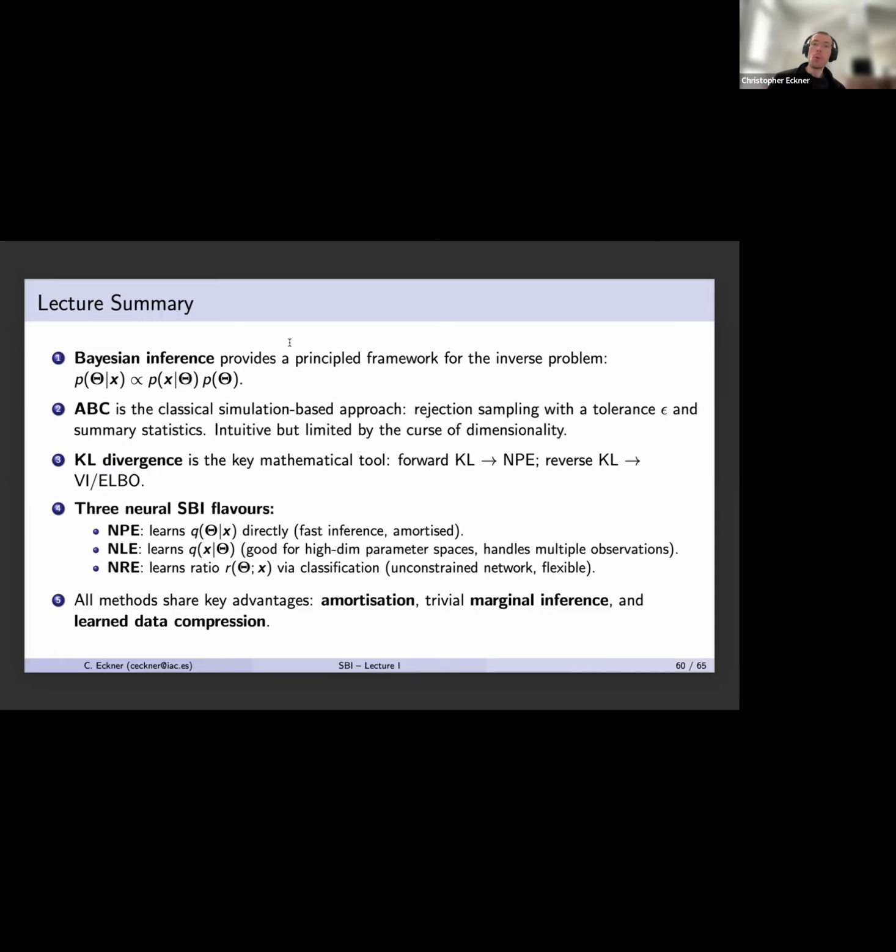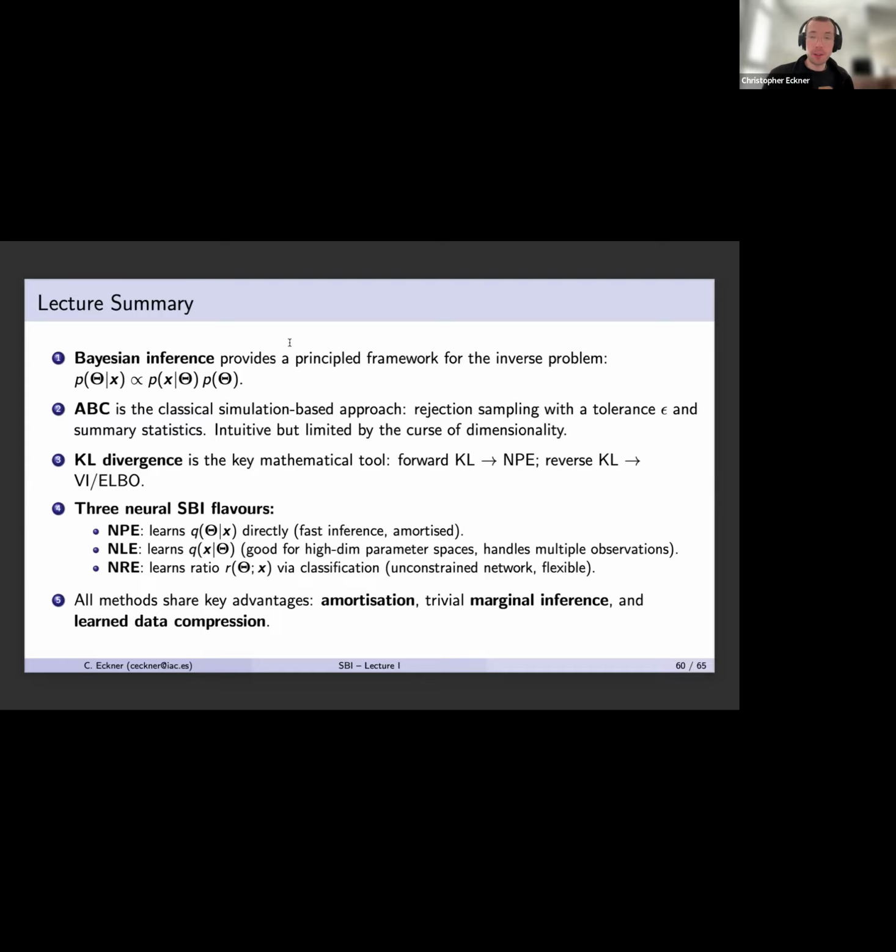We've seen that one very simple way to implement this is approximate Bayesian computation, that works if you have enough computation power and you have a good summary statistic to reduce high-dimensional data. Then we have discussed different posterior distributions and ways to measure their differences, also connecting with previous lectures.